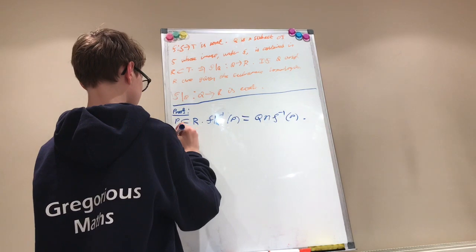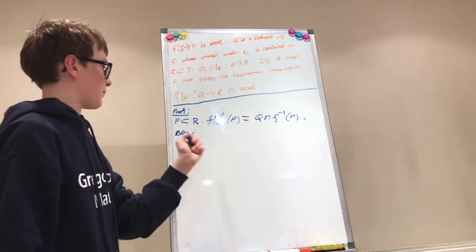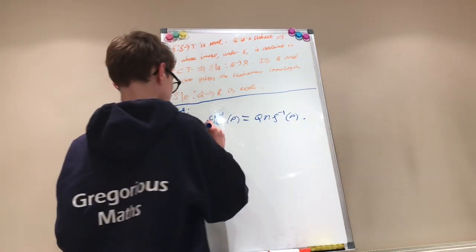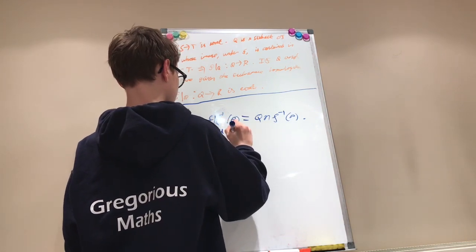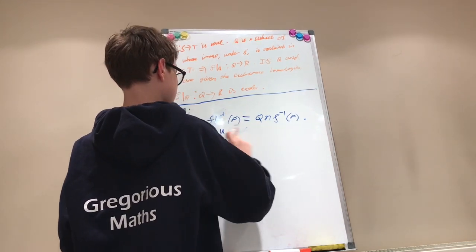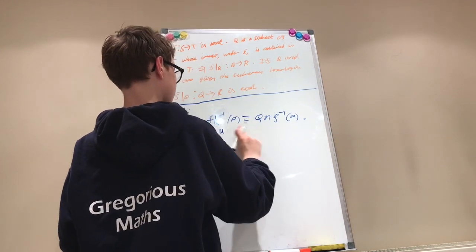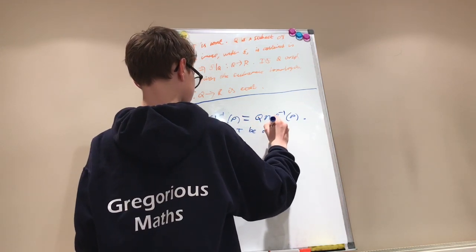Now, we're going to let P be open in the subspace topology, so let U, a subset of T, be open.